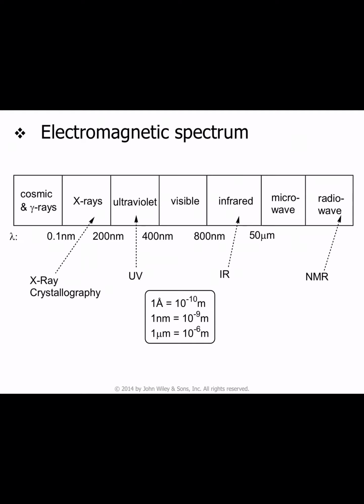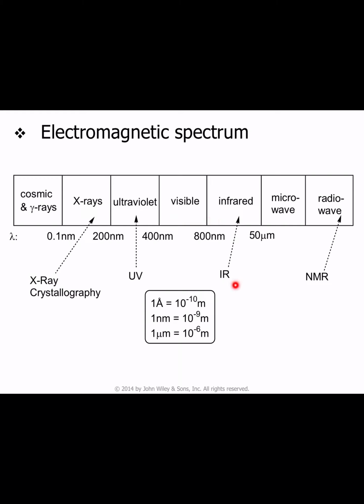And this is the electromagnetic spectrum. It ranges from cosmic and gamma rays to radio waves. And we are here, visible range 400 to 750 nanometers. And right before visible, we have UV, and then more energy than the visible, and X-rays have even more energy, and gamma rays and cosmic rays carry more energy than any of these. Okay, and then less energy compared to the visible would be infrared.